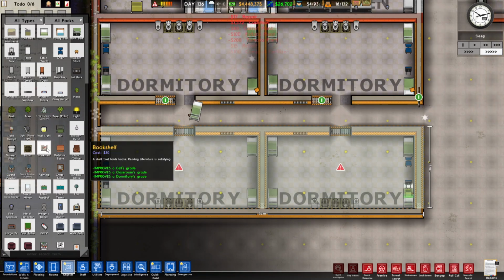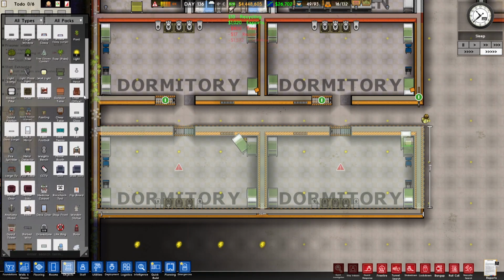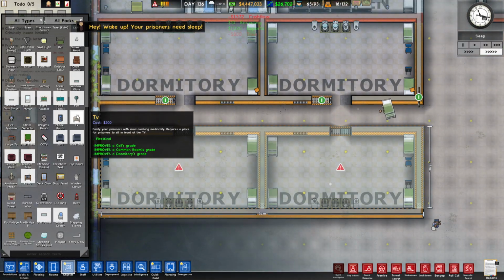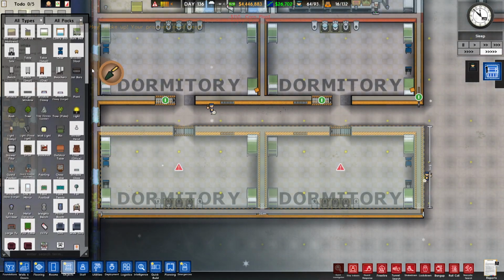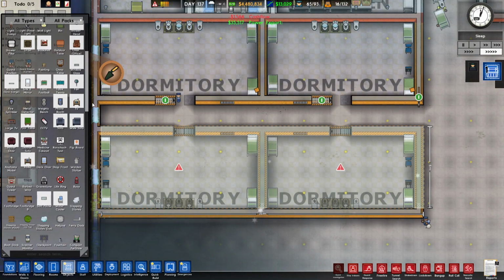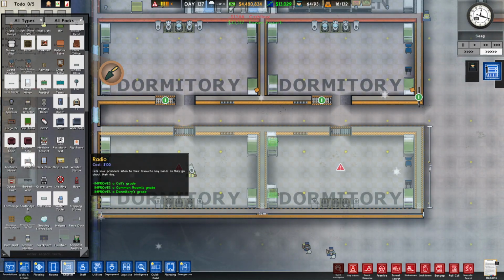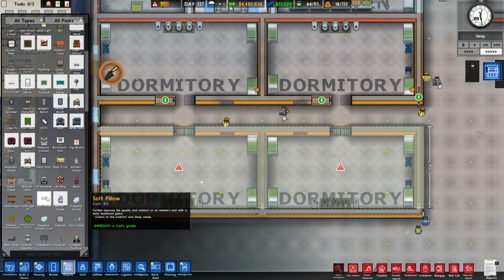Bookshelves cost 30, and catered to literature, so that's quite useful. These cost 200 each, so they're a bit expensive. TV is 200 as well. Where's the radio? We've got a freeze. Never find the radio in the list. There it is. 250 for the water cooler. 100 for the radio. This is why I went for the chairs first.